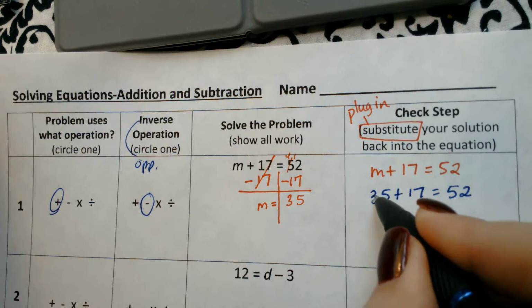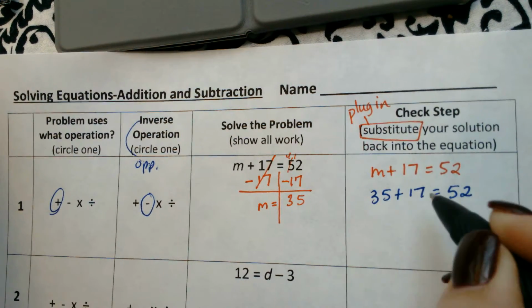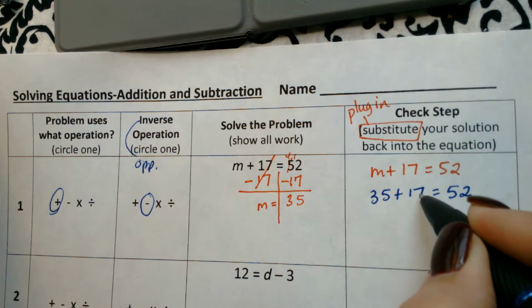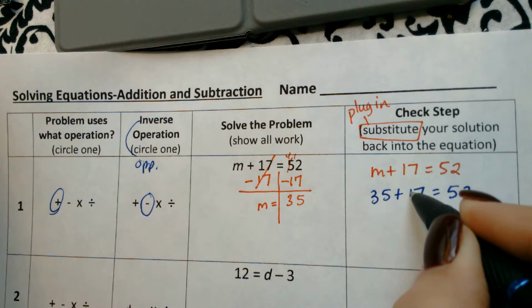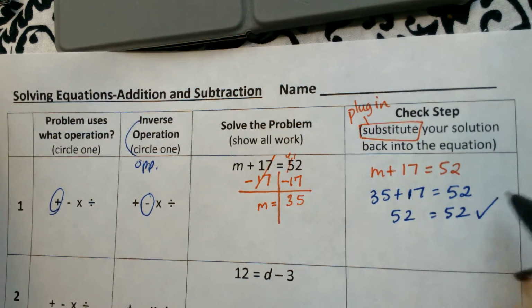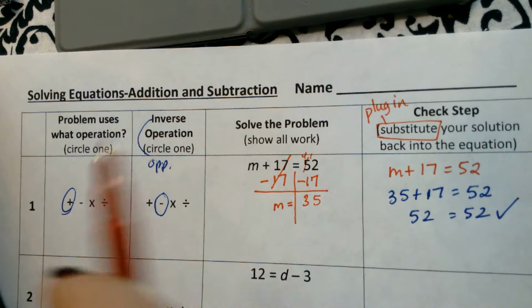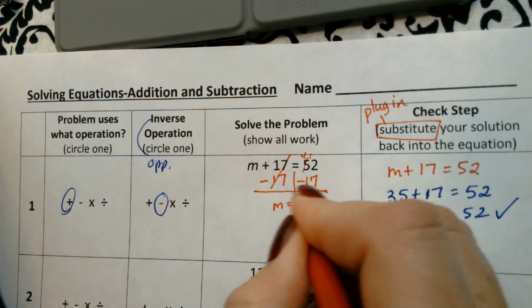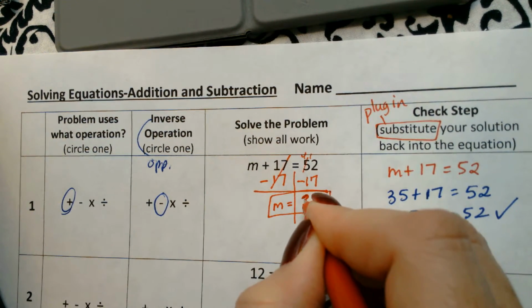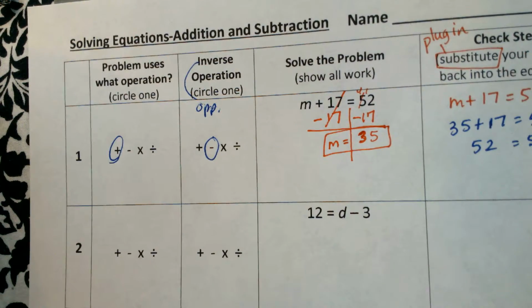Well, if you use your calculator, 35 plus 17, 35 plus 10 is 45, plus 7, well, 5 more would give me 50, and then 2 more would give me 52. So 52 equals 52. It checks out. So we know that m is 35. I always like to circle my answers too, so that I'm very clear, or box it in or something, what your answer is. So let's do the second one.